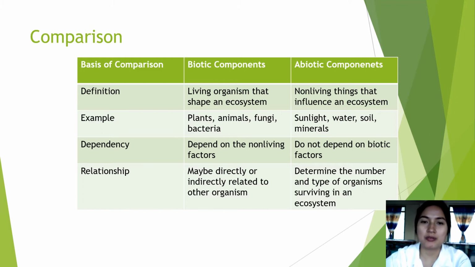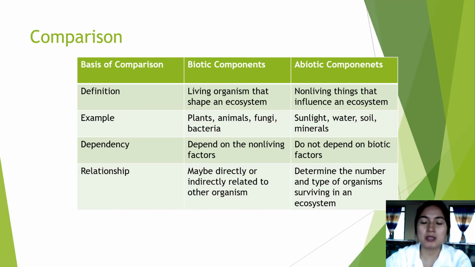Examples of biotic components are plants, animals, fungi, and bacteria. Examples of abiotic components are sunlight, water, soil, and minerals. Biotic components depend on the non-living factors. Abiotic components do not depend on biotic factors.